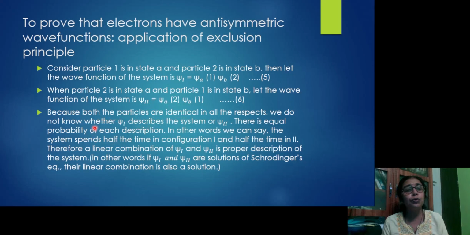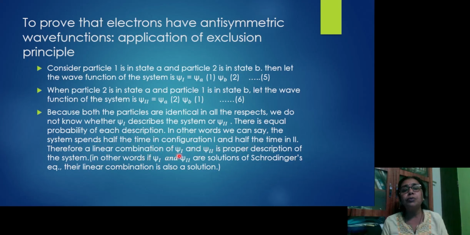So we do not know whether psi 1 describes the system or psi 2 describes the system, and there is equal probability of each description. In other words, the system spends half the time in configuration 1 and half the time in configuration 2.